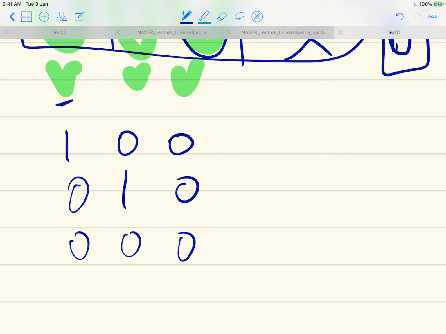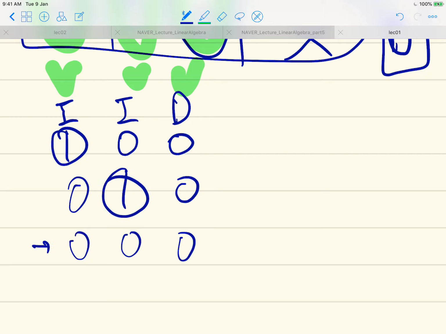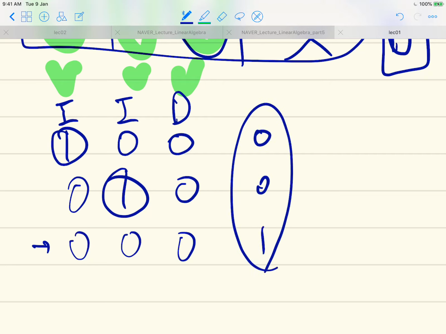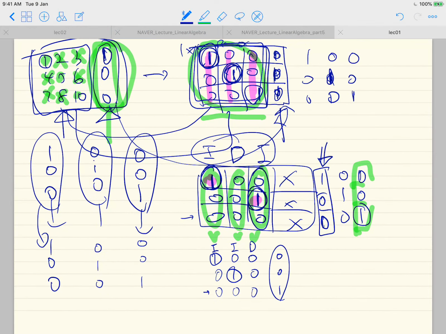So in this case, we have non-zero entries for the first and the second dimension, but in the third dimension we have no non-zero entries that can produce the linear combination for the 0, 0, 1 vector. So in that case, we cannot find the inverse vector. Any questions so far?